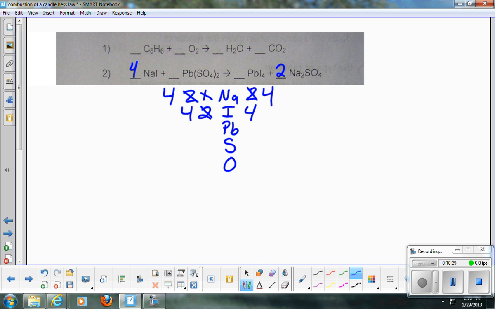Okay, so now we're at lead, Pb. 1 on the left, 1 Pb on the right. Are they okay? Okay, so sulfur, that 2 comes through. So you got 2 sulfurs on the left. This 2 on the right goes through, so I got 2 sulfurs on the right. Are they okay?